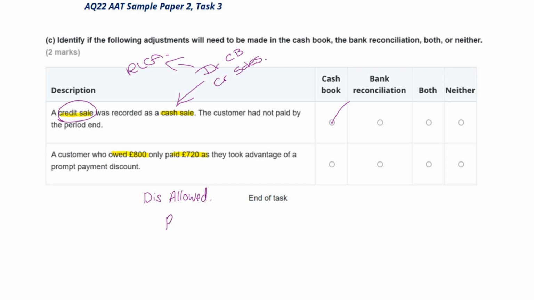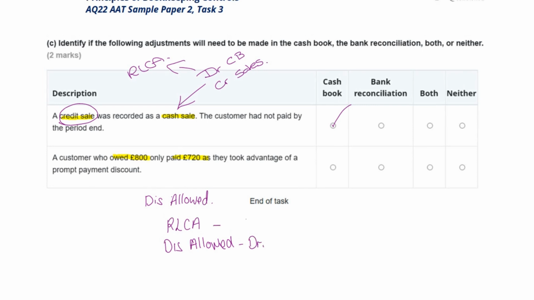So we would need to use the receivables ledger control account and our discounts allowed account. We would debit the discounts allowed as an expense to the business and credit the receivables ledger control account for the £80 that they had as a discount.